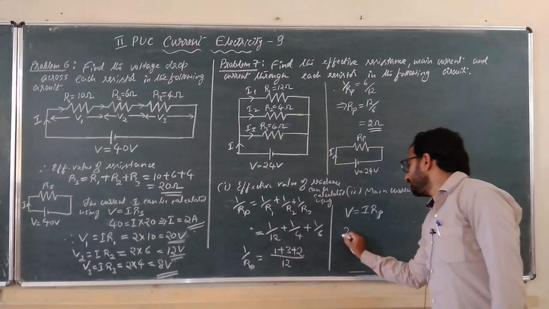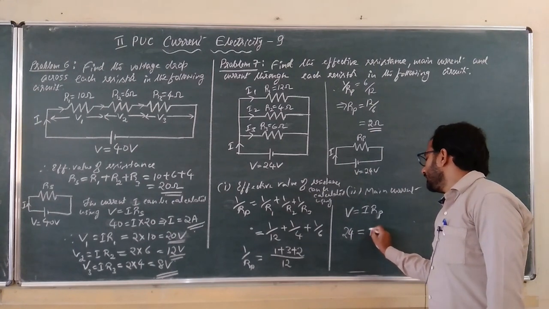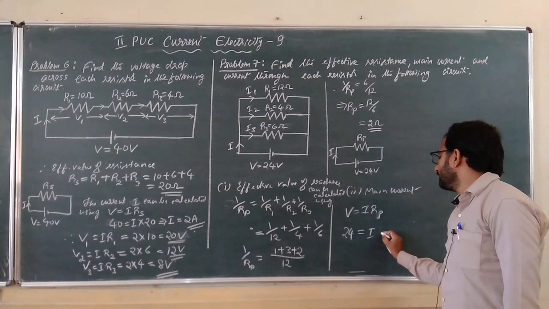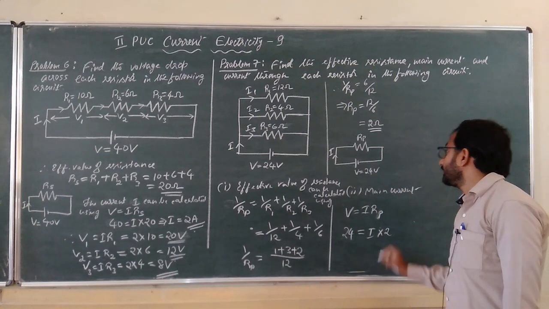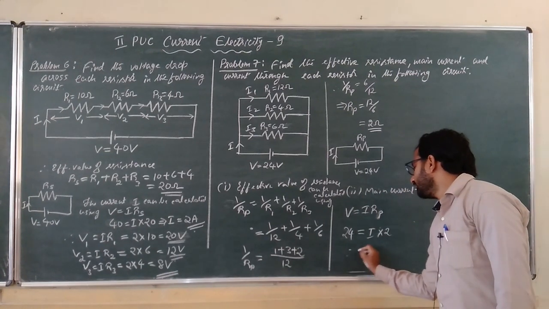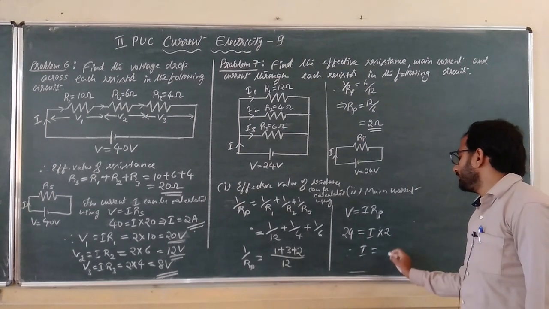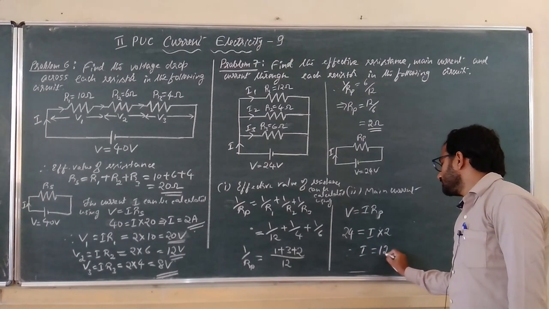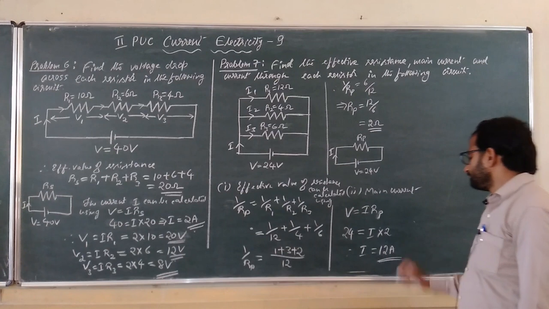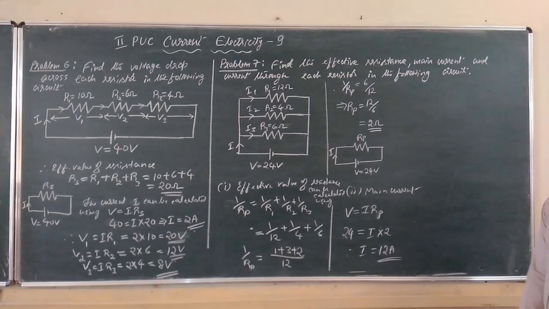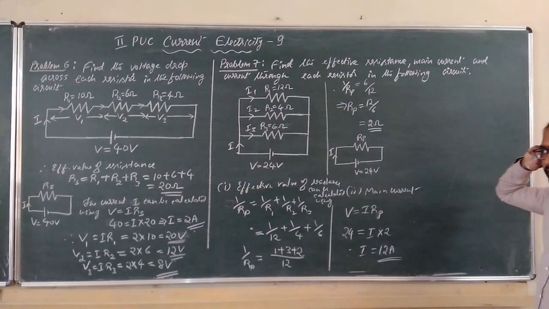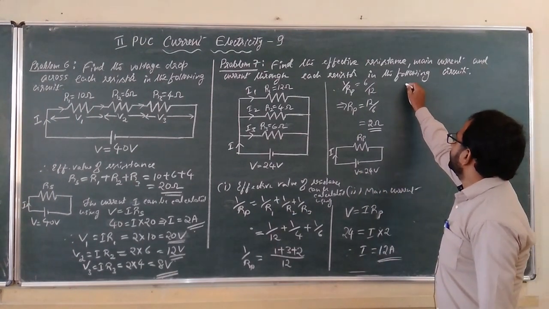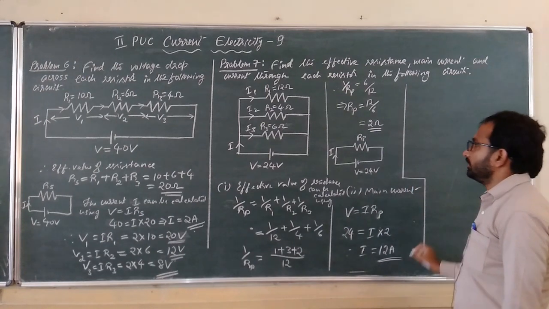V is 24, I is unknown, and Rp is 2. So I is equal to 24 by 2, that is 12 ampere. That is the main current drawn by the combination. What is the current flowing through each resistor now?